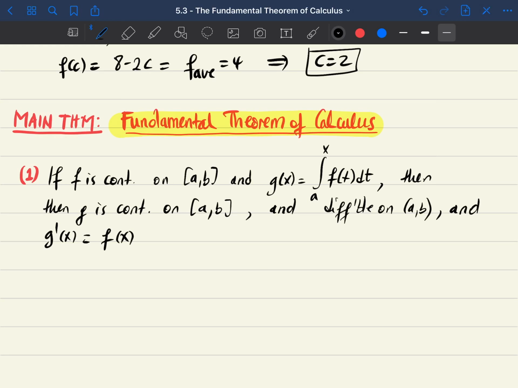In other words, the derivative with respect to x of the integral from a to x of f of t dt is just f of x. Okay, that's the first part.